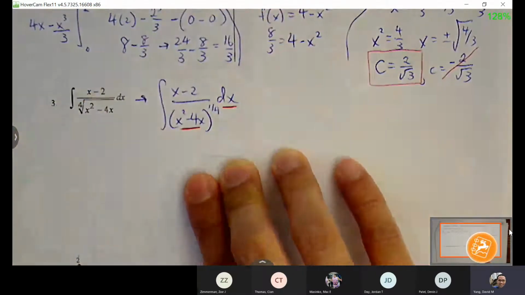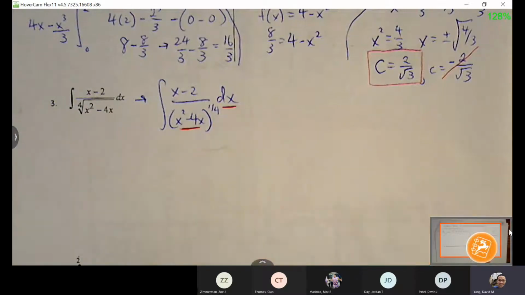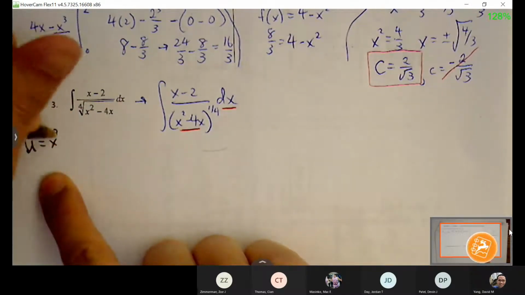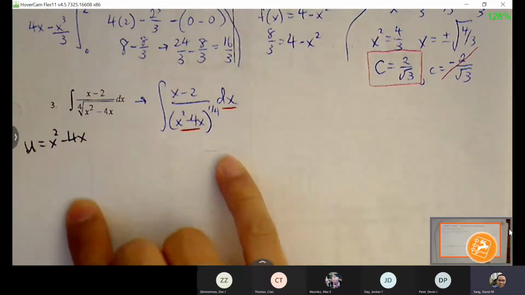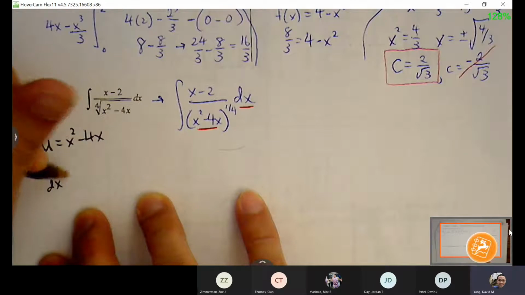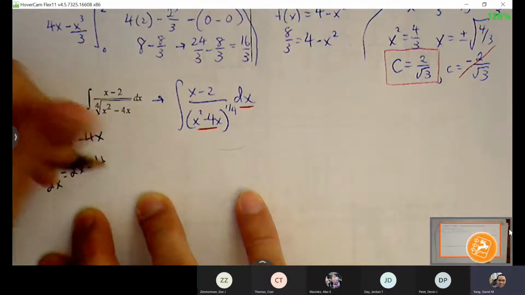That's our priority. Get the x squared minus 4x and the dx to be replaced. Find du dx. Derivative is 2x minus 4.